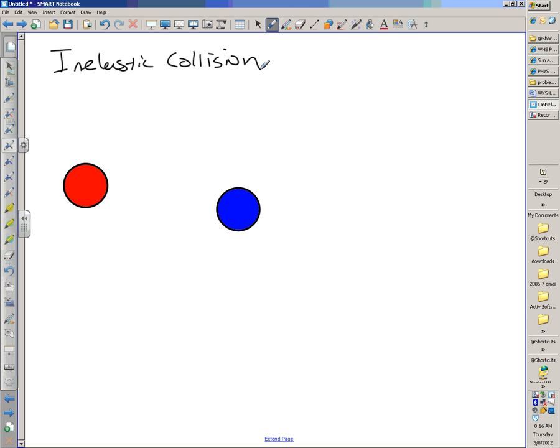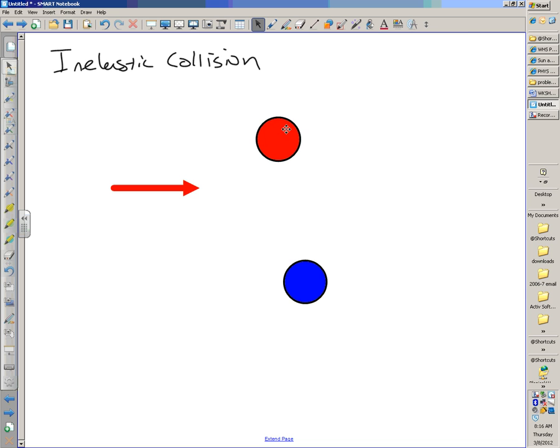The problems that we did in class consisted of this object moving in this direction to begin with, and then it collides with the blue object. After the collision, the blue object goes off in this direction, and the red object goes off in that direction. That's the first example problem that we did in class.